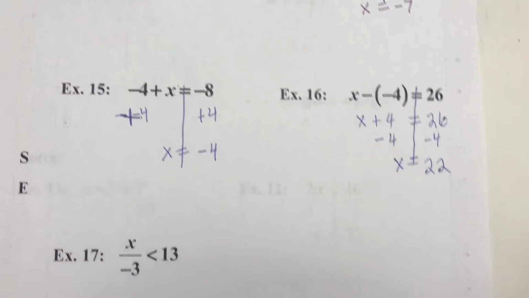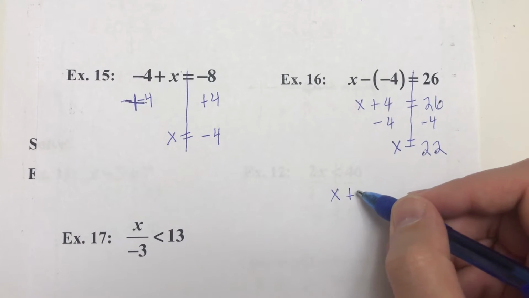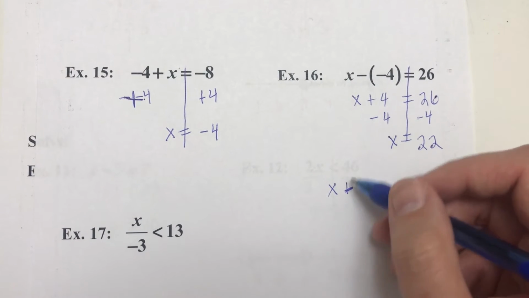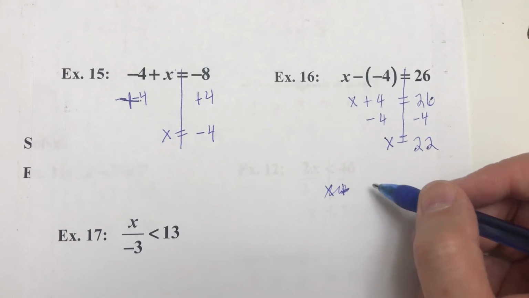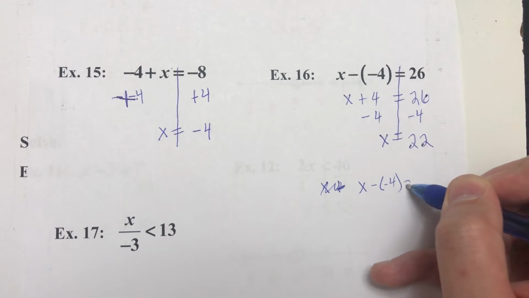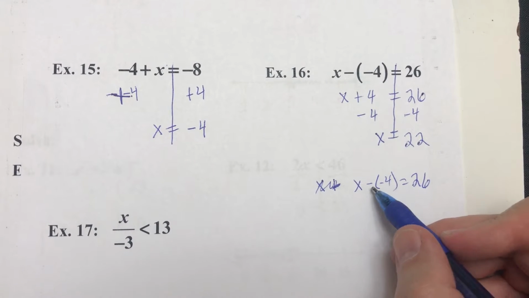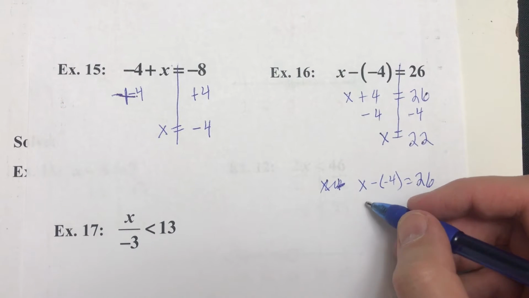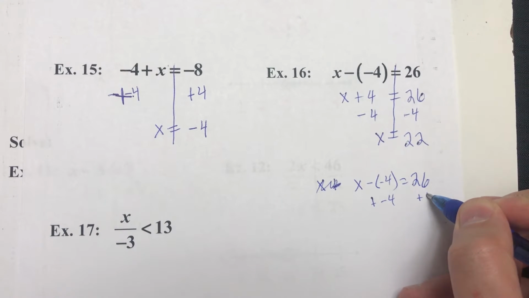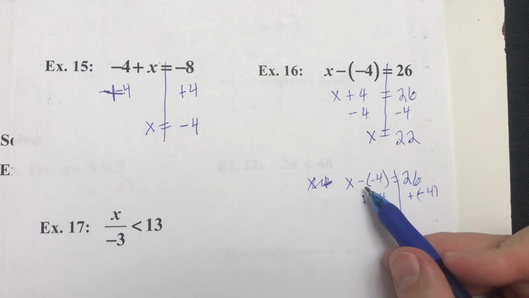We could have also seen this if we had tried to do, if we left it as x subtract a -4 equals 26, the operation of adding a -4 to both sides would have produced the same result.